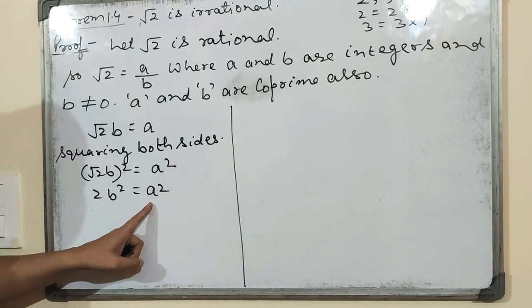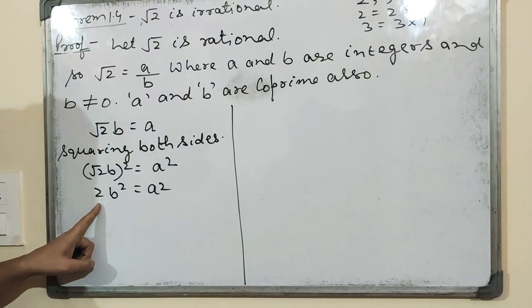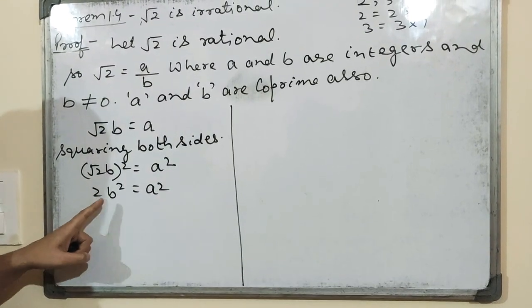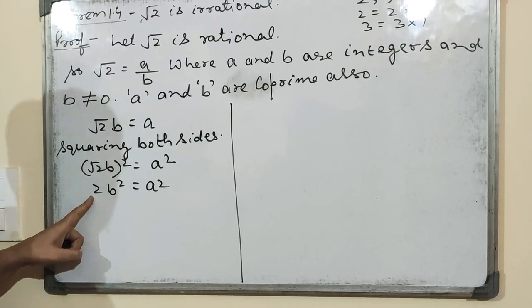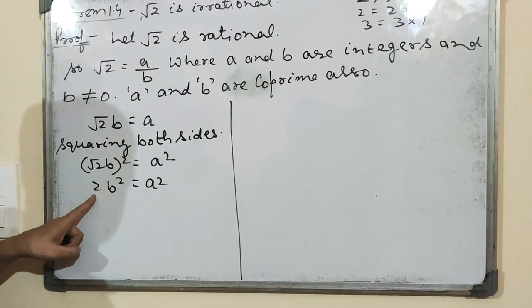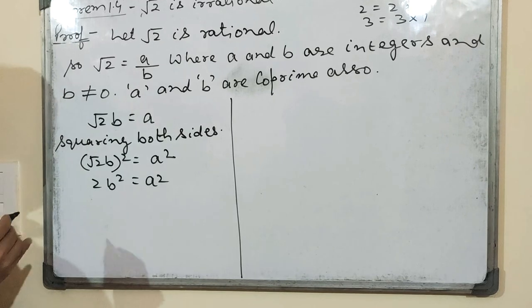It means a square is divisible by 2, because we have a square equal to 2b square. So here a square is divisible by 2.